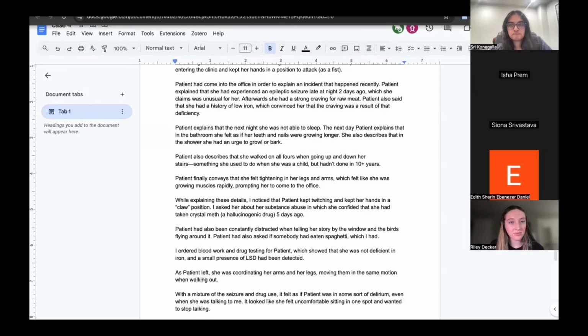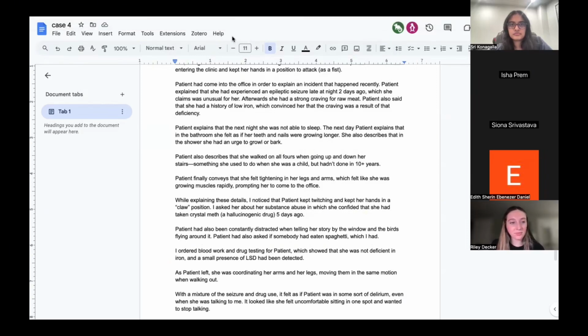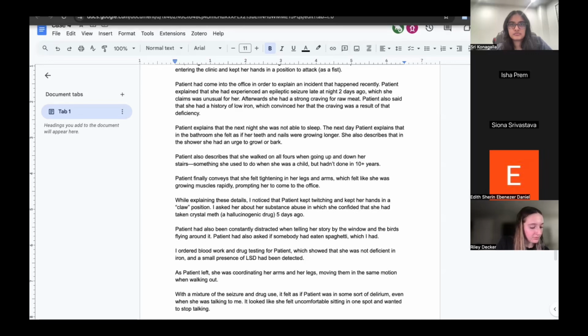Adding on to that, she also wanted to make growling noises, which is a common symptom, and her substance abuse was specifically with a hallucinogen, which is a very common cause for this condition.